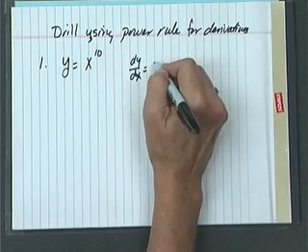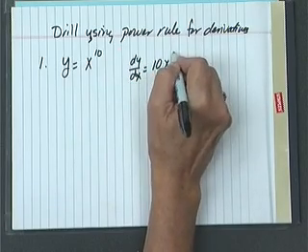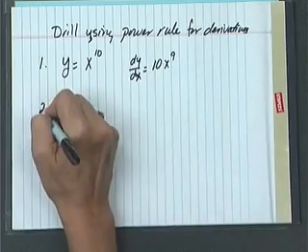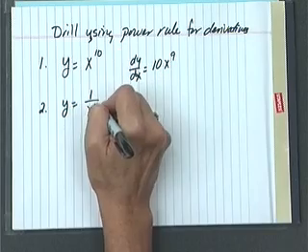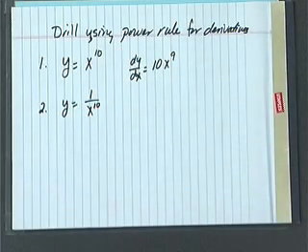Okay, in unison, what is it? 10x to the 9th. Next example. y equals 1 over x to the 10th.